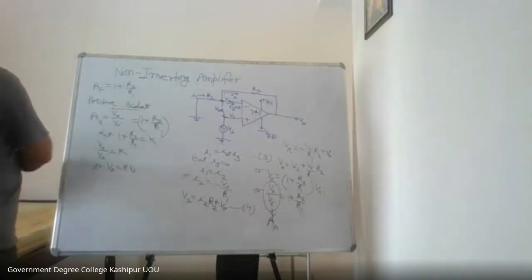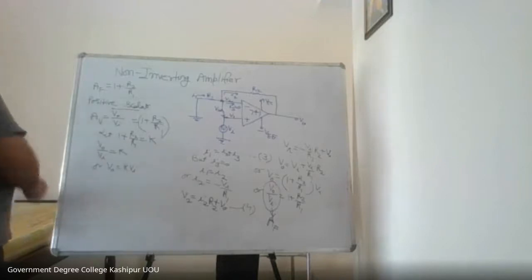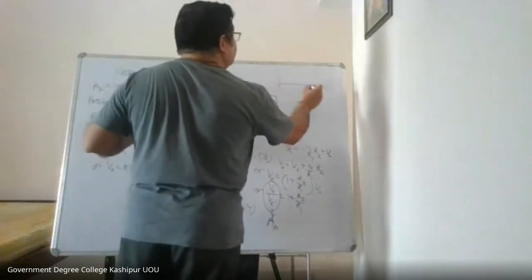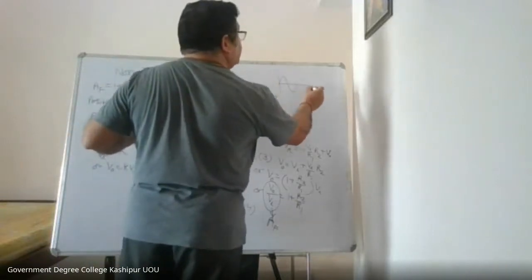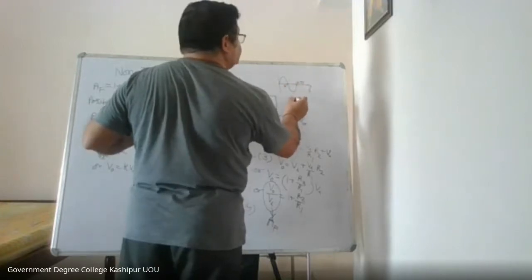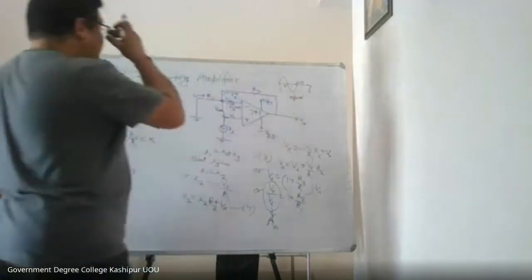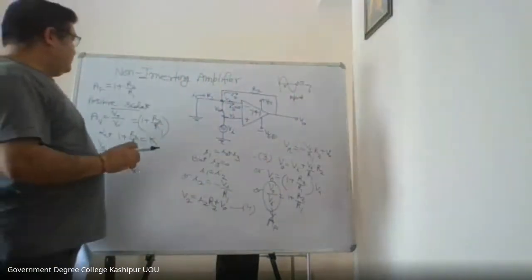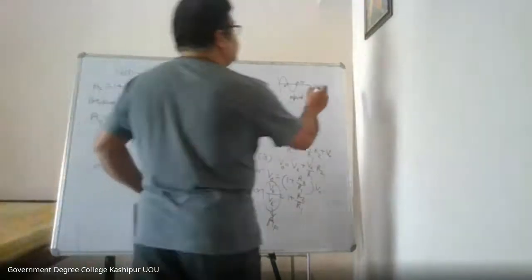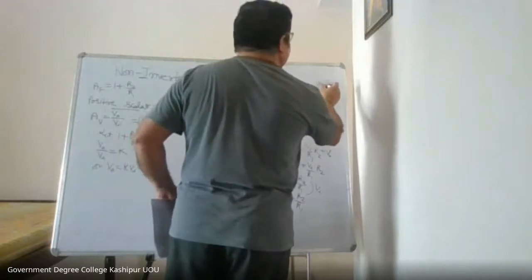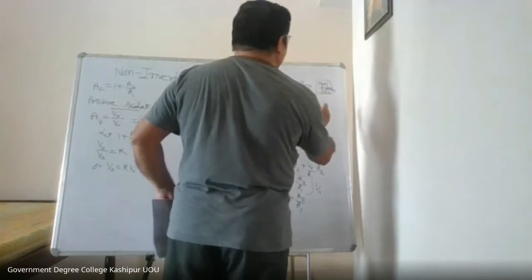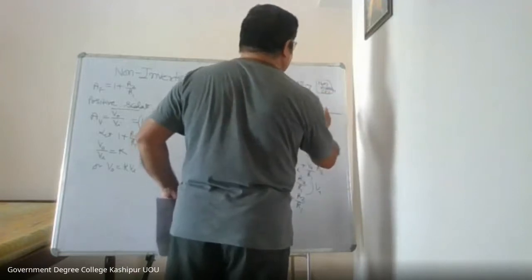Now we can draw the curve of output and input. If this is the input, a sine wave, and this input is applied at the non-inverting terminal of the non-inverting circuit, then the output will be in phase.